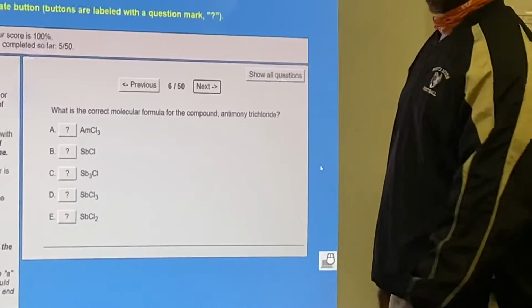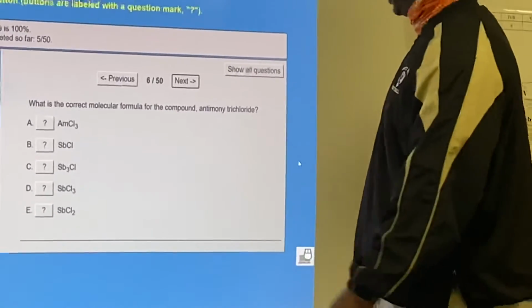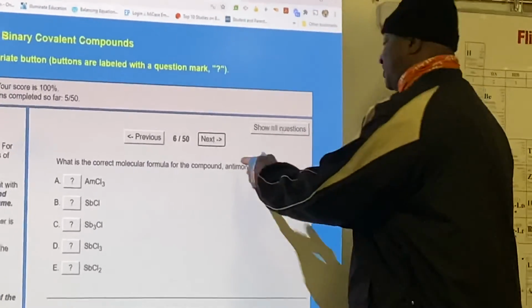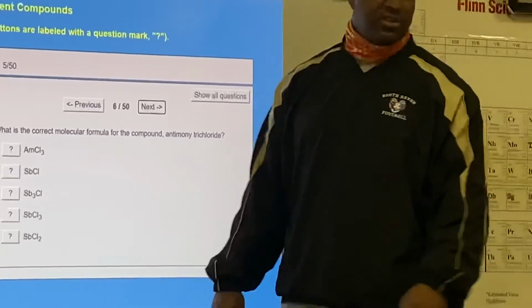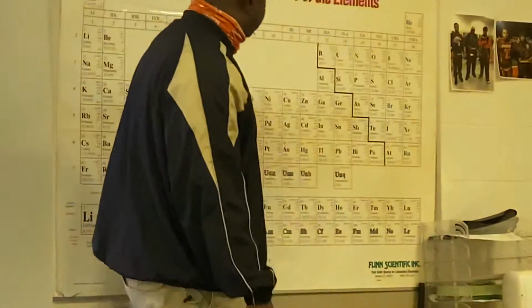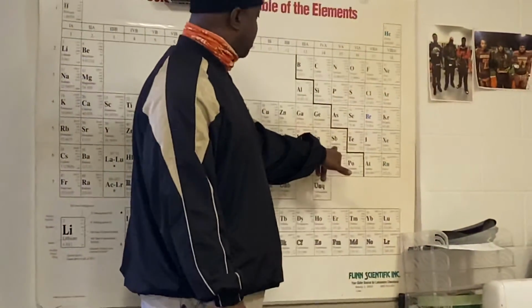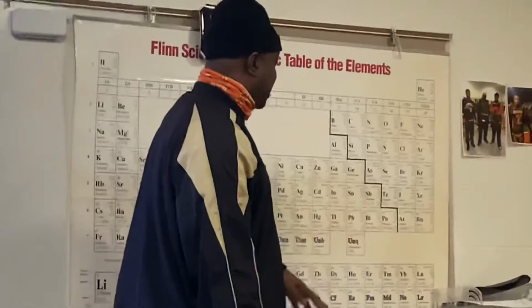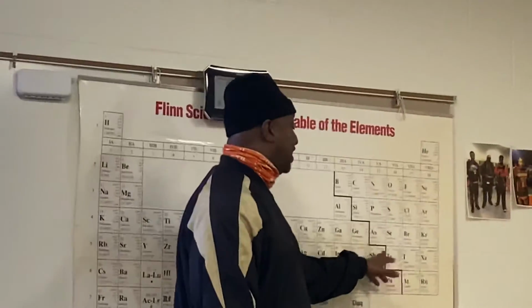Let's do one more. 6 times is a charm is what they say. What is the correct molecular formula for antimony trichloride? Antimony. There she is. Now, a little bit of an exception. Antimony touches this line, and it is to the left.